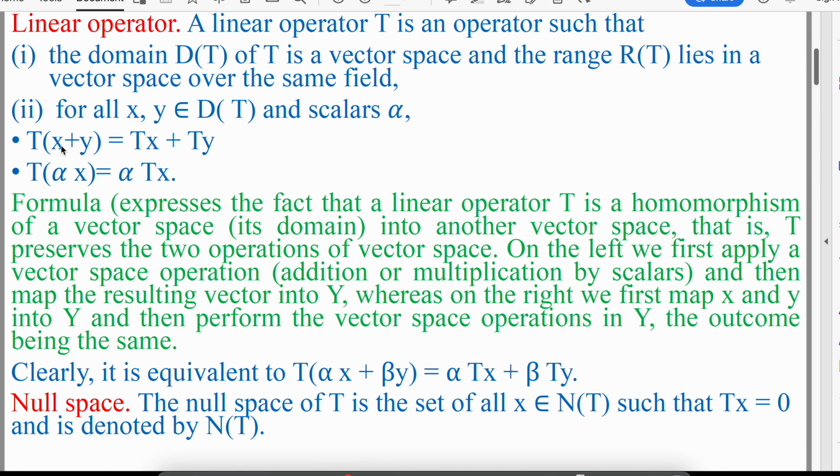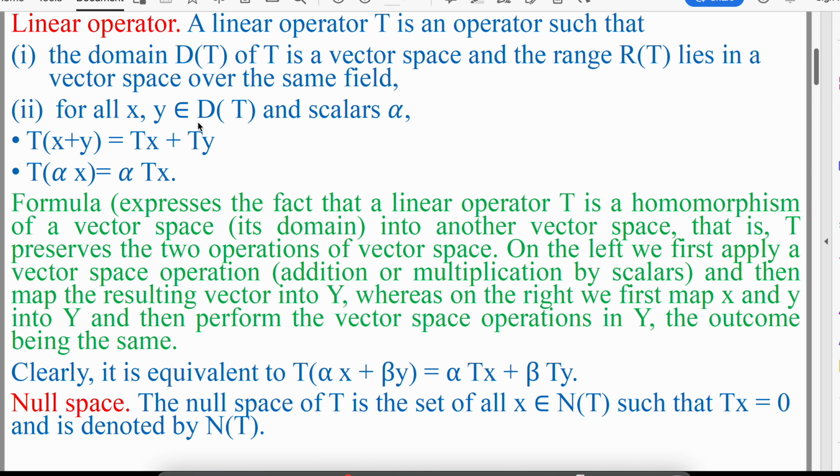Suppose first of all we add x and y, then we operate the operator T on it to obtain the resulting vector. Similarly, in this case, first of all we multiply x by the scalar alpha and then we operate T on it to get the resulting vector in y.